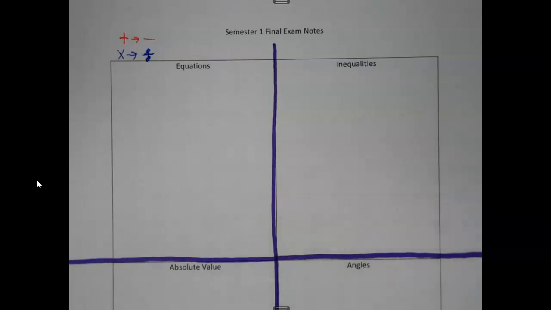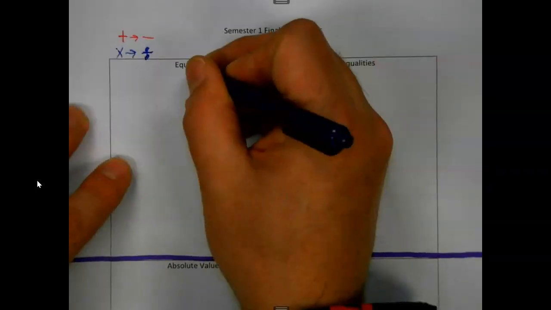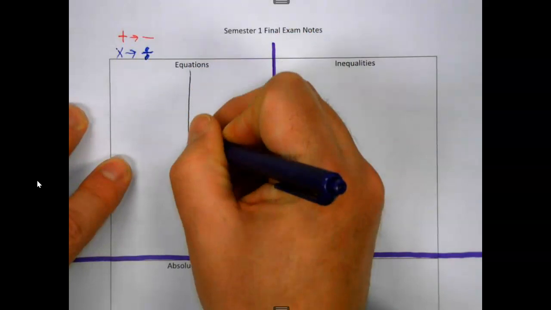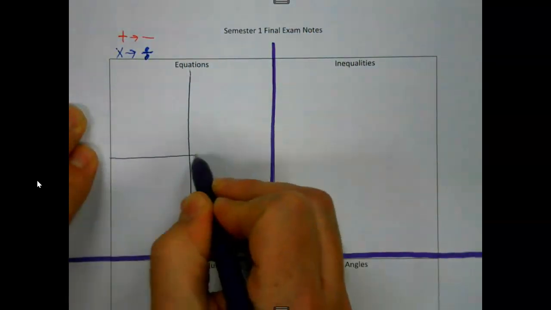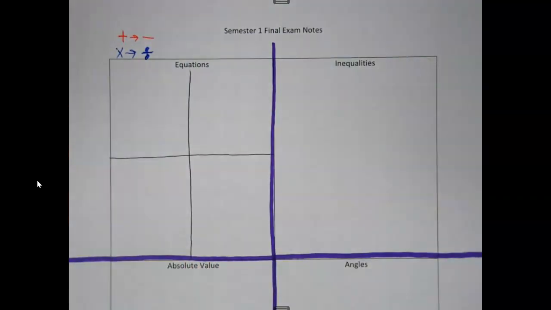And my one other thing would be, in any particular section, I wouldn't make more than 4 boxes or 4 examples. Otherwise, it gets too crowded. So I'm just going to split this, kind of looking like a window.